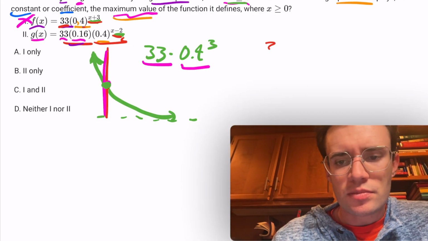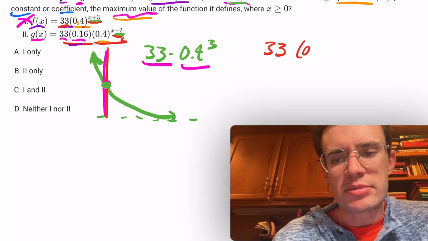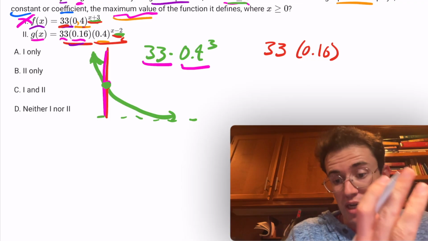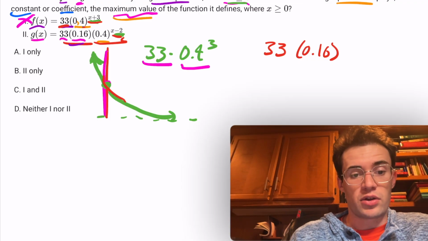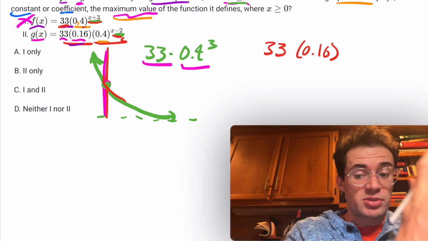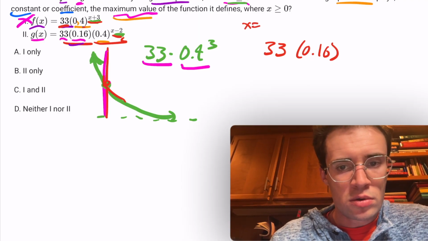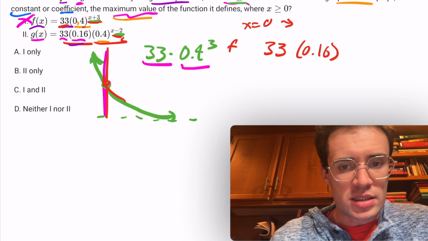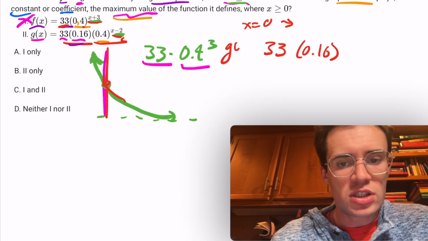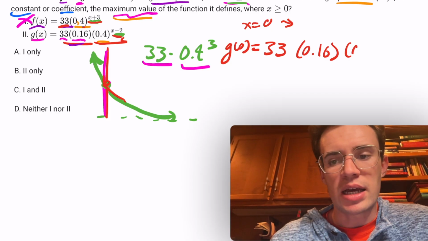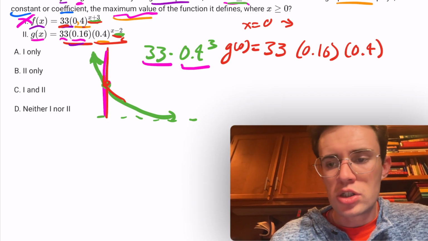So we have 33 times 0.16, and if x is equal to 0, which is going to be your maximum point for that, right? Because it doesn't go anything further to the left of that, and it's going up and up and up as you move to the left. So this will be your maximum point when x equals 0. And that means that g of 0 is equal to 33 times 0.16 times 0.4 to the x minus 2.